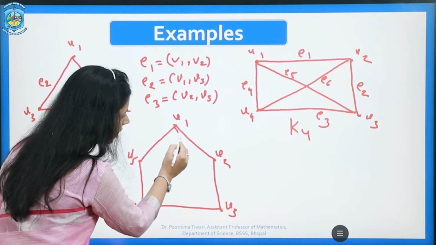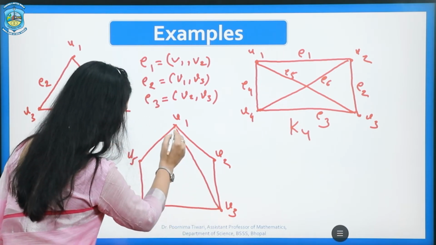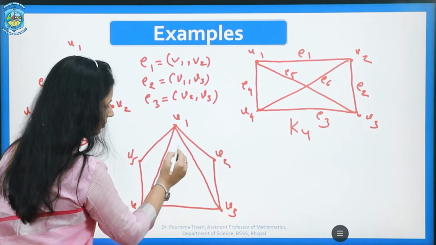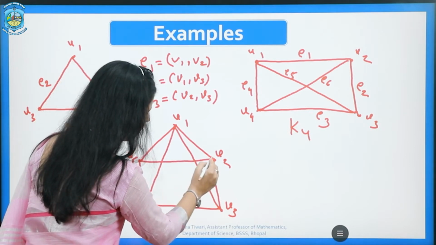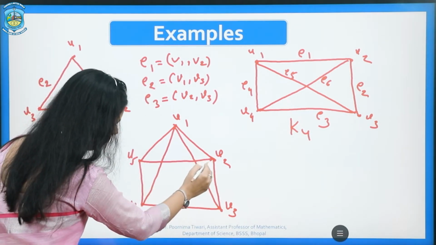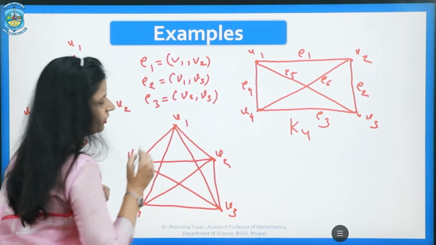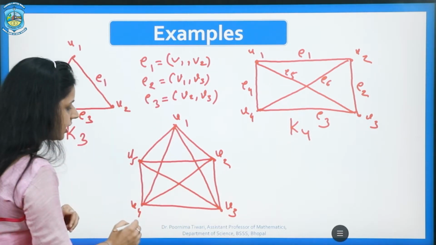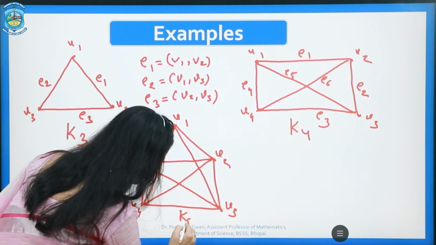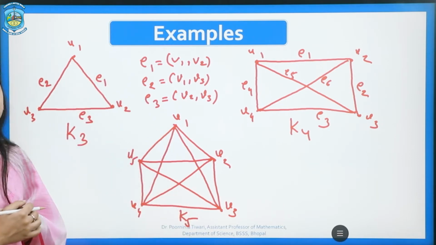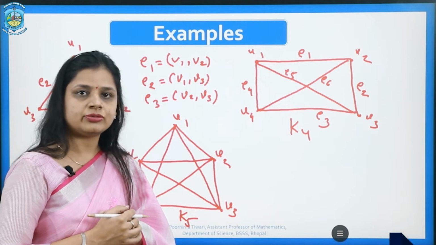So we have to connect V1 and V3, V1 and V4, V2 and V5, V2 and V4, and V5 and V3. So this graph is a complete graph of 5 vertices. We denote it by K5.